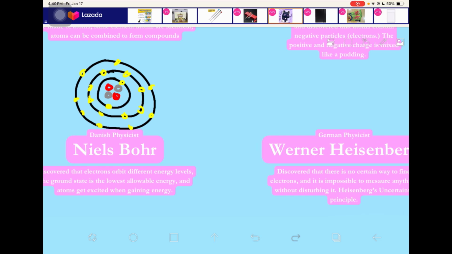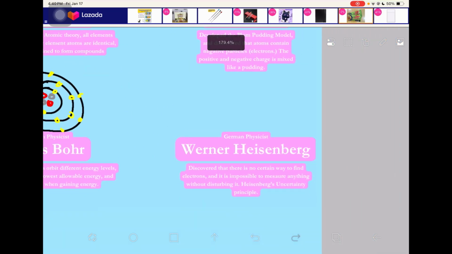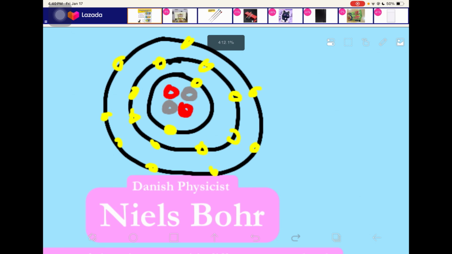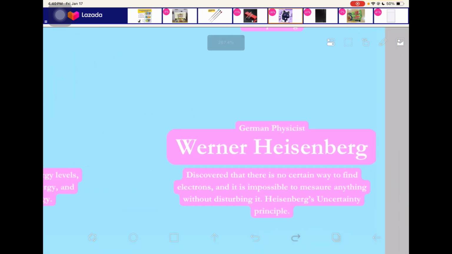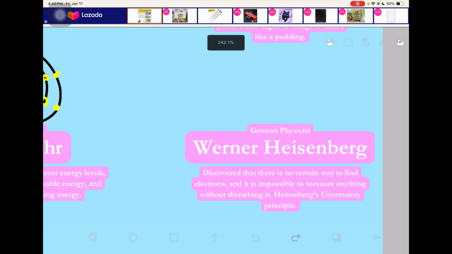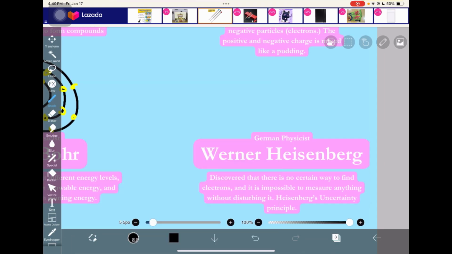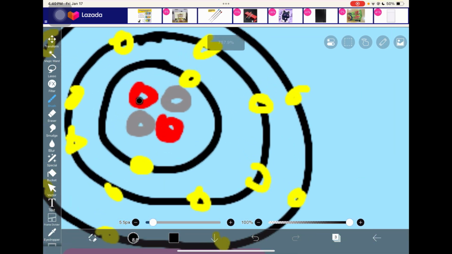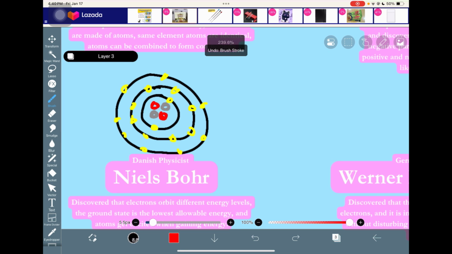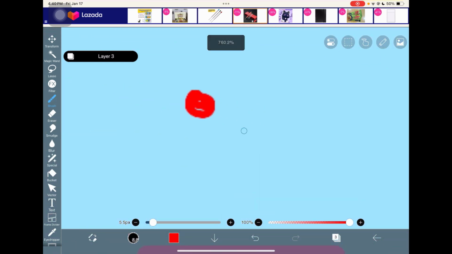But we always know that there's something else. This can't be it. It can't be fixed. And that's what German physicist Werner Heisenberg said. They basically said that there's no such thing as a fixed orbital. That's called Heisenberg's uncertainty principle.